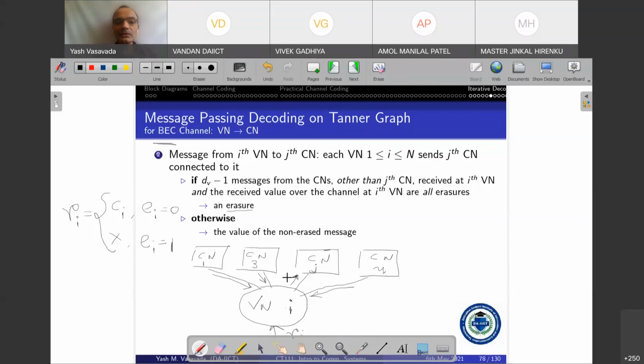So it will send an X to CN J. But if any one of them is not erased, then it will send the value of that non-erased message.